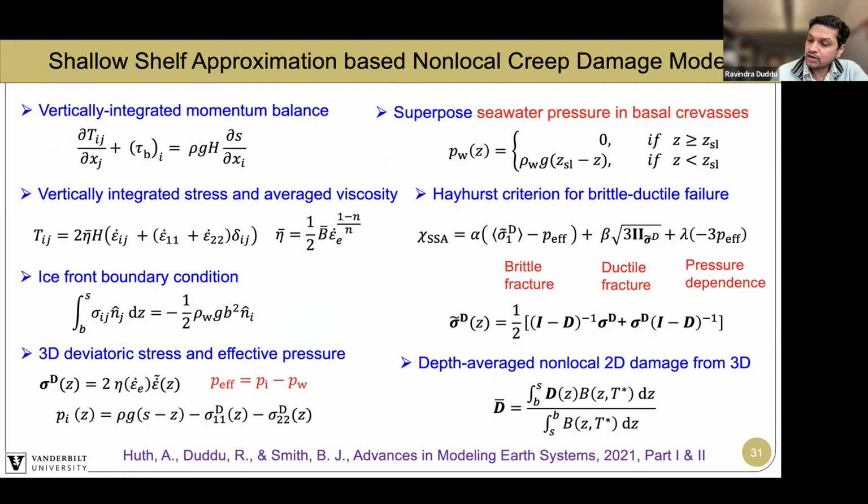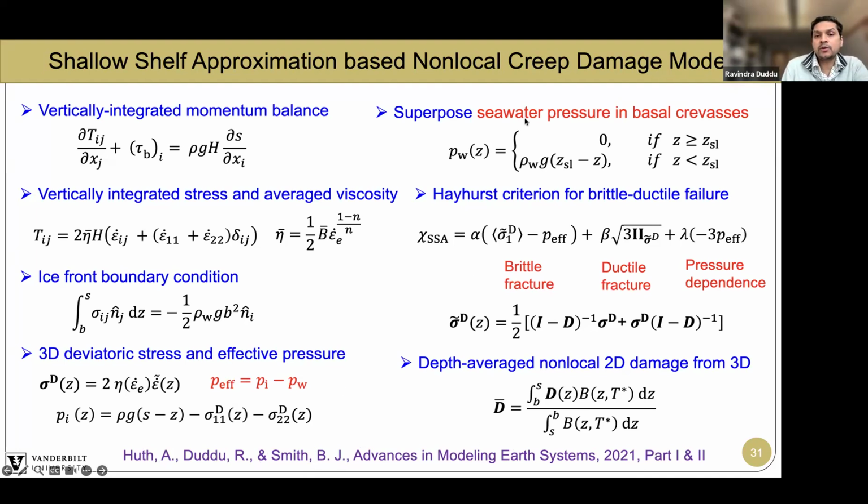Now, these are the underlying equations, too many to get into. Some of you may be familiar with this, some may not be, so I'll save time by not going into details. You can read these part 1 and part 2 papers with Alex Huth, me, and Ben as authors.